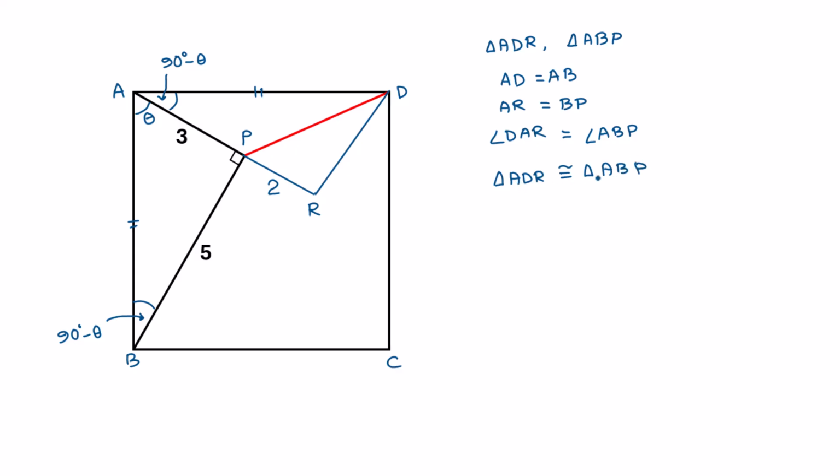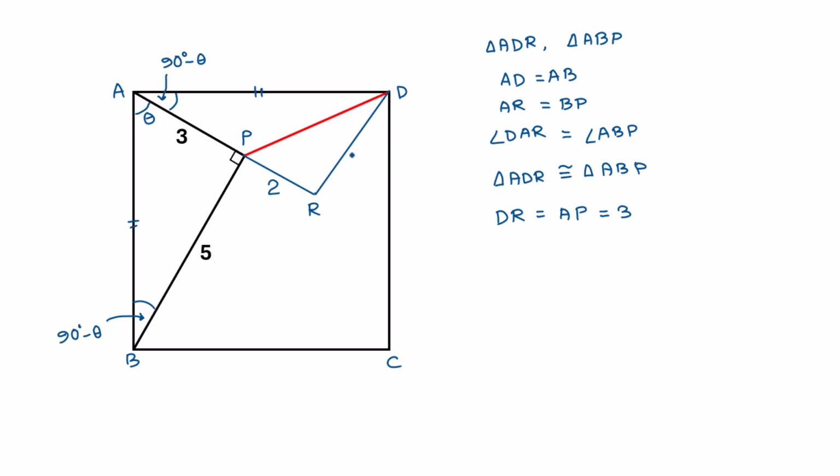As these two triangles are congruent, so this side length DR is same as AP. As AP is equal to 3 units, so DR is equal to 3 units.